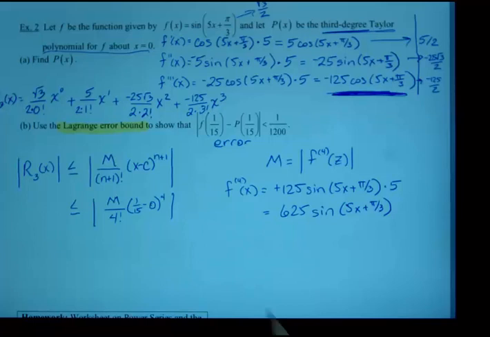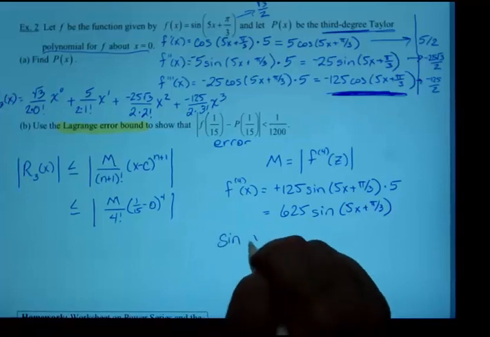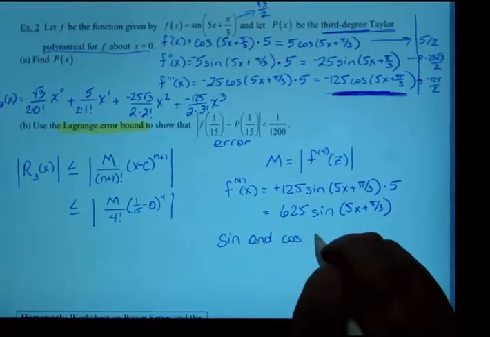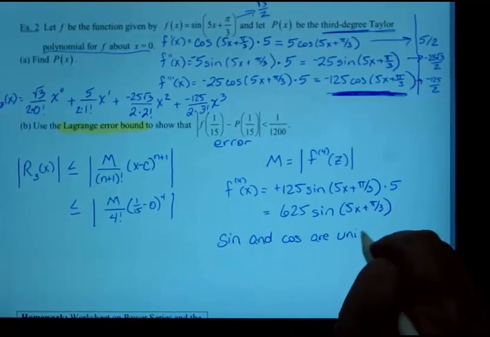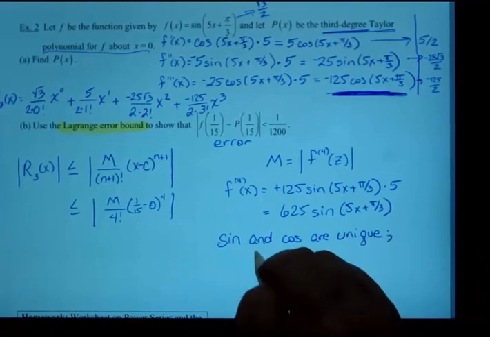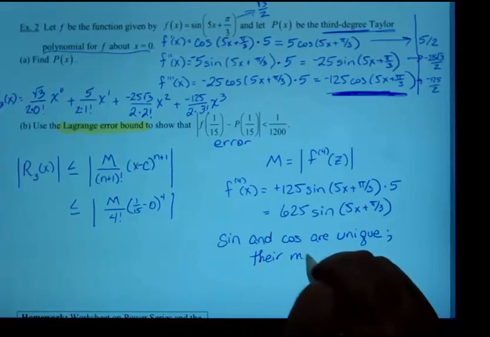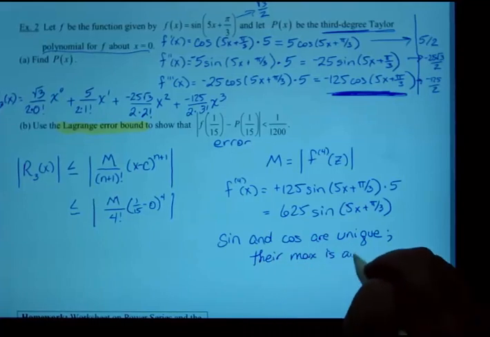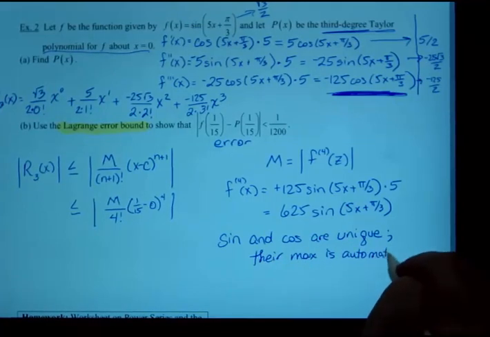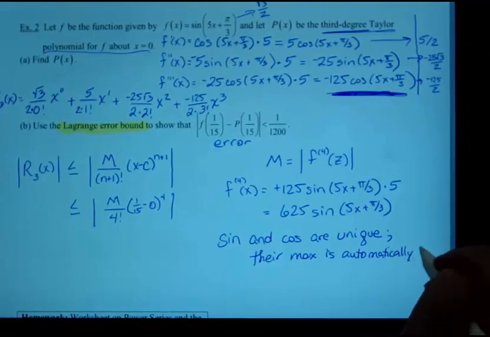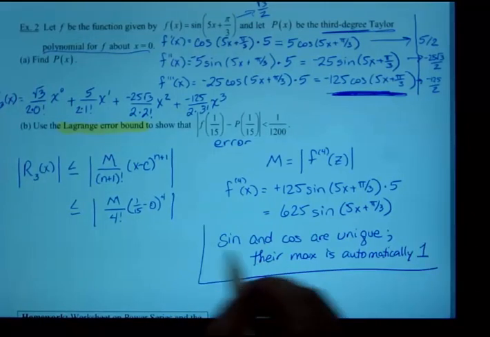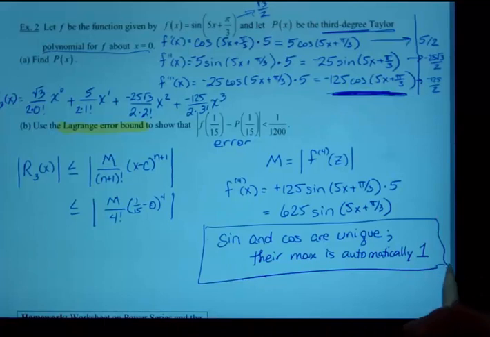So, sine and cosine are unique. Their max is automatically 1. Give you a second to write that down. Very, very important. So if you're given a problem with sine or cosine, you don't have to plug in the x. You don't have to plug in the c. You don't have to see which one is bigger.